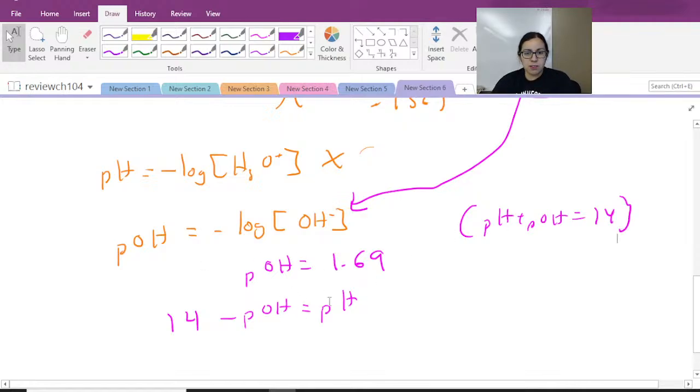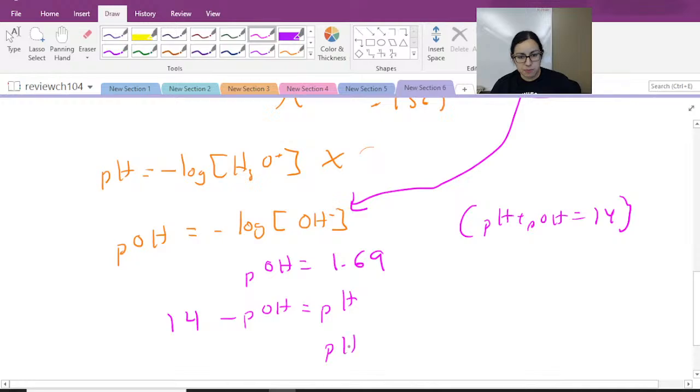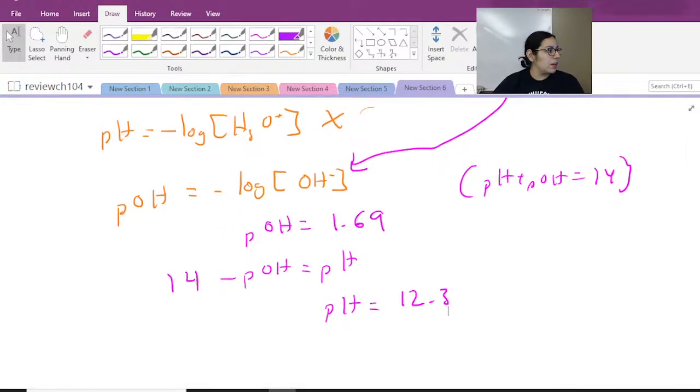So rearrange to give you that. So 14 minus that. So then we should get a pH of about 12.3. It sounds like that's what people got. Excellent. Questions on that one?